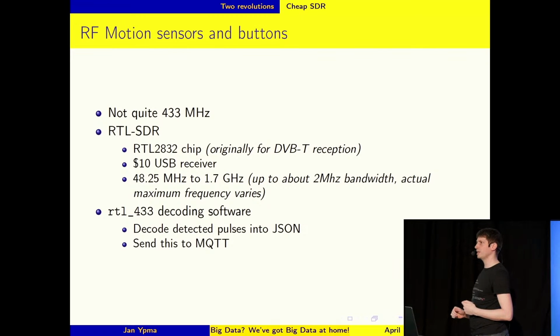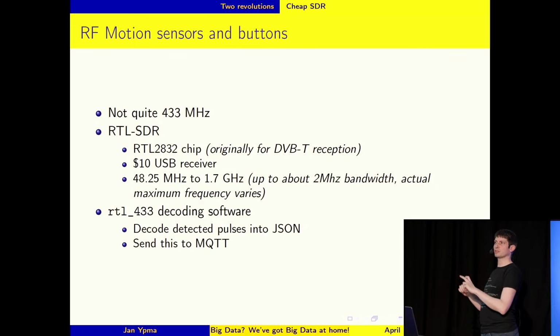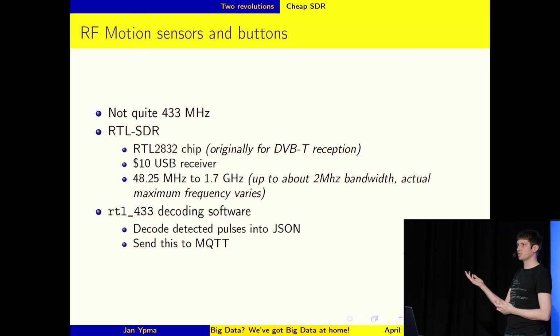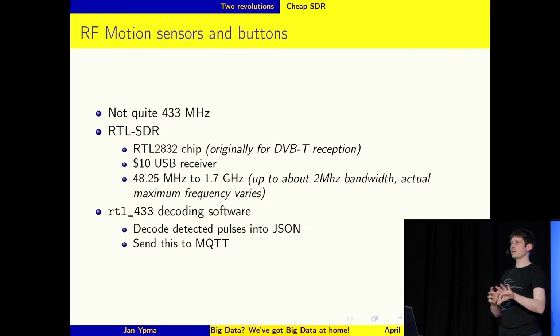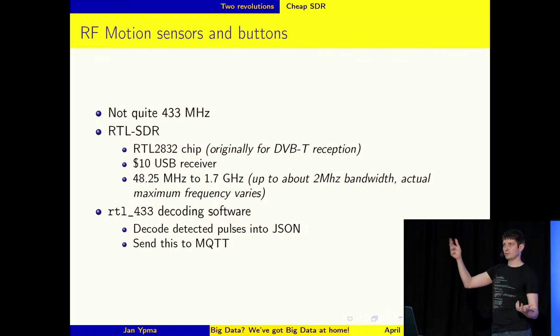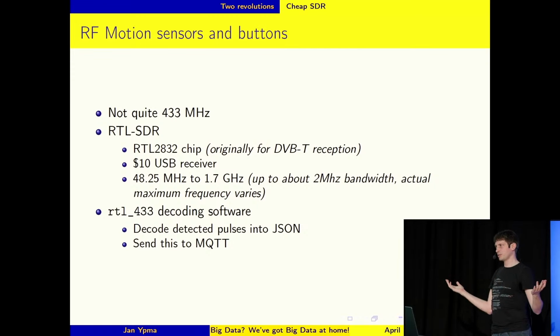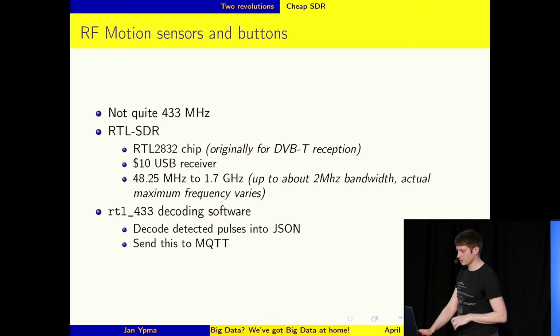And one of them actually is motion sensors. You can get from China motion sensors that send out a very easy to detect signal on 433 megahertz. Put those up, put a cheap USB receiver anywhere somewhat close by, and you'll see whenever a signal is sent from there. And again, you have a setup that is fairly open, fairly controllable, and you can steer yourself.